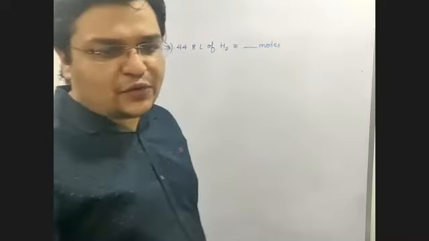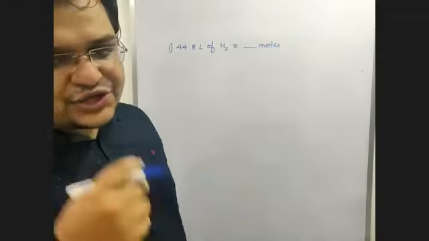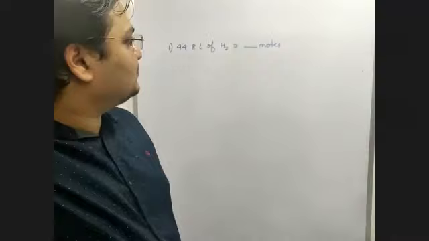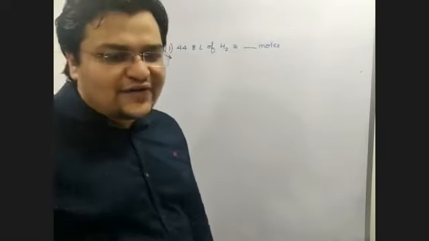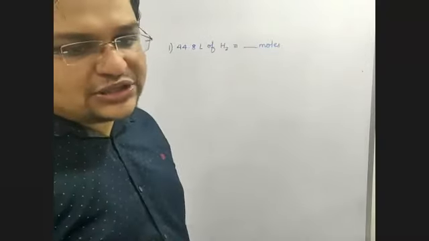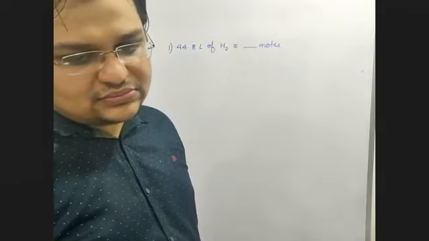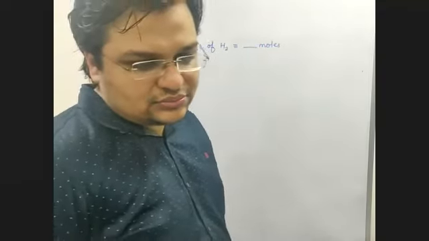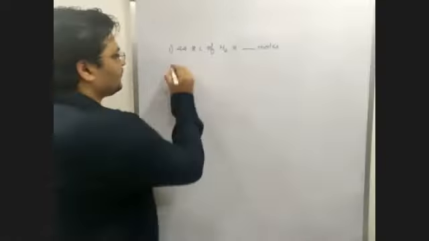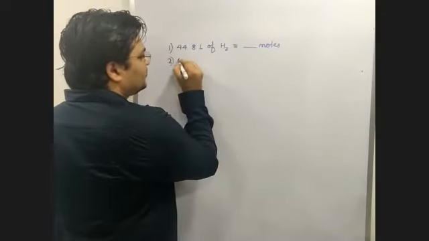First question, 44.8 liters of H2 is dash moles. So here you have to divide it by 22.4 because it's given in liters. Yes, Nupur, it's 2, right?